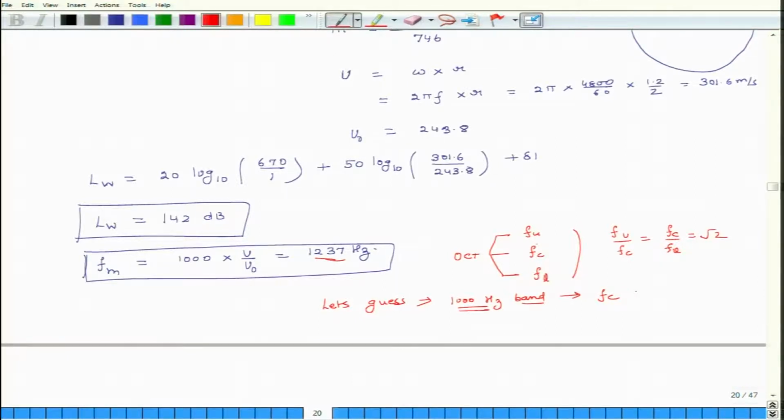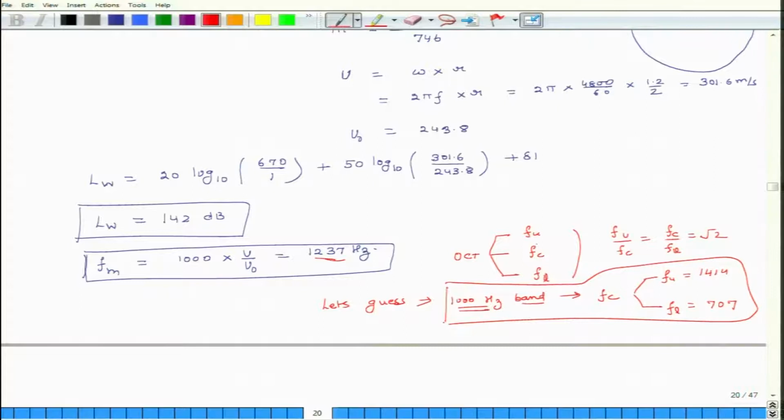Its Fu will be root 2 times 1000, which is 1414, and Fl will be 1000 divided by root 2, which is 707. So, this 1000 hertz band includes all the frequencies between 707 and 1414 hertz, which means that the sound pressure level is going to be maximum in the 1000 hertz band.